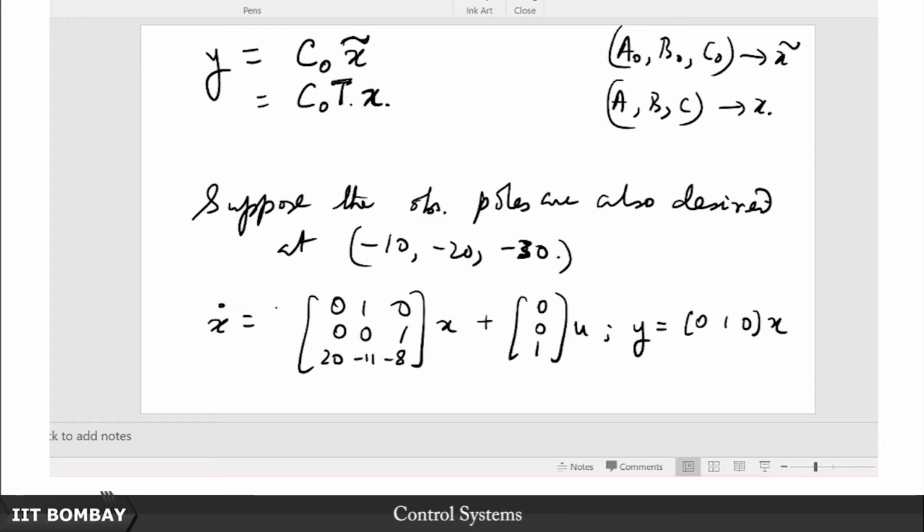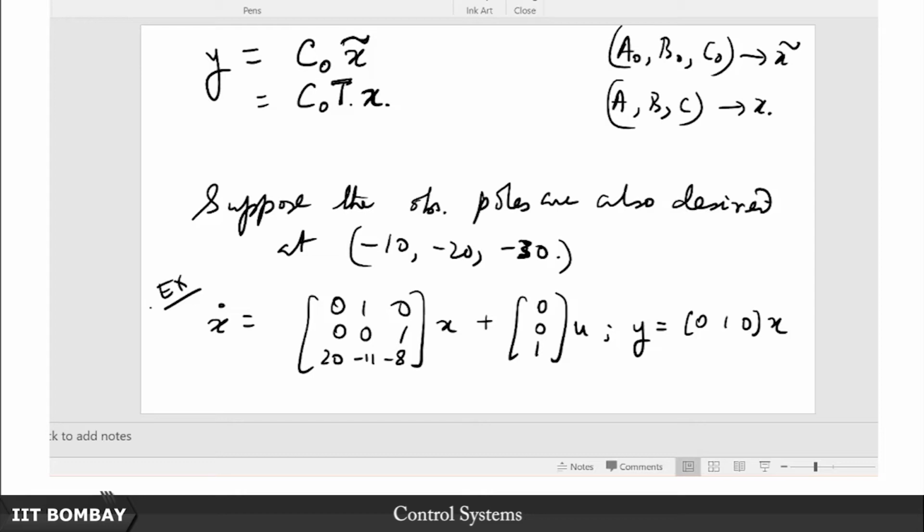Again I reiterate, this is not in a very convenient form for observer design. This may be very convenient for controller design because it is in phase variable canonical form, but it is not in the observer canonical form.